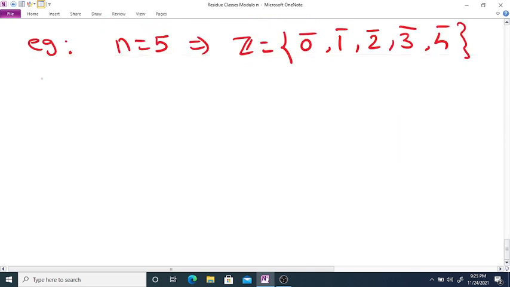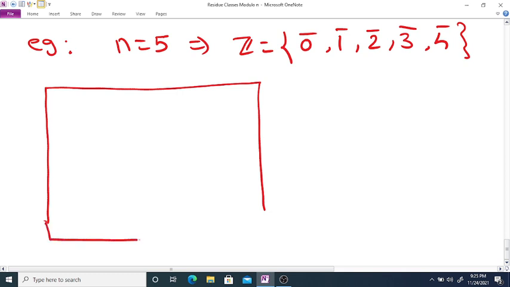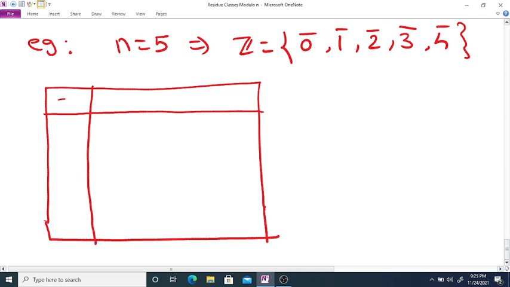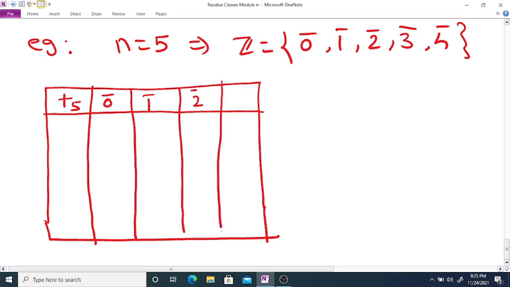And under the above operation we can find the addition and multiplication table modulo 5. So here, addition modulo 5, that is 0 bar, 1 bar, 2 bar, 3 bar and 4 bar.